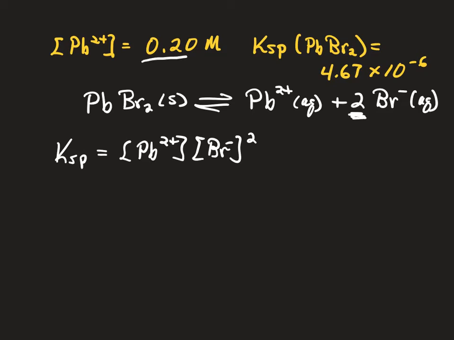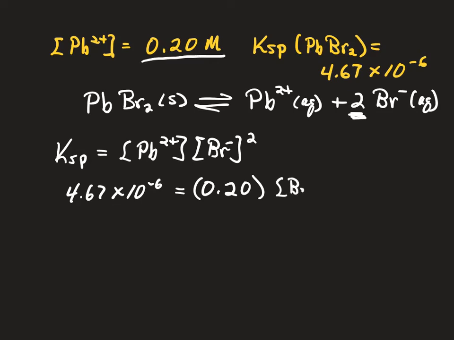We know our concentration of lead ions, so 4.67 times 10 to the minus 6 is equal to our concentration of lead ions, 0.20, times the concentration of bromide ions squared.